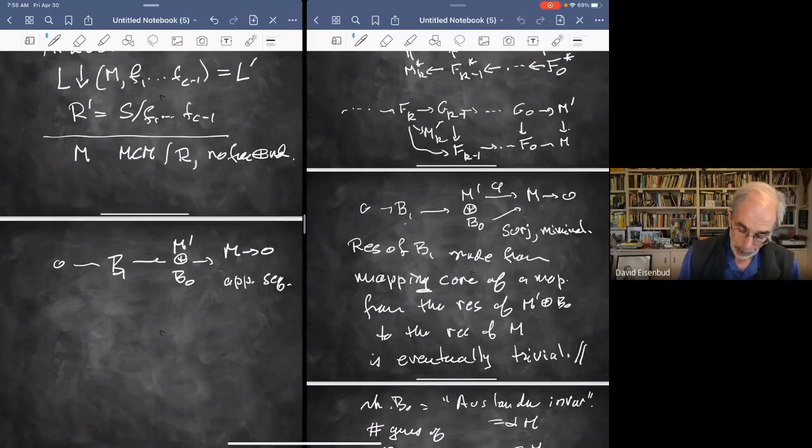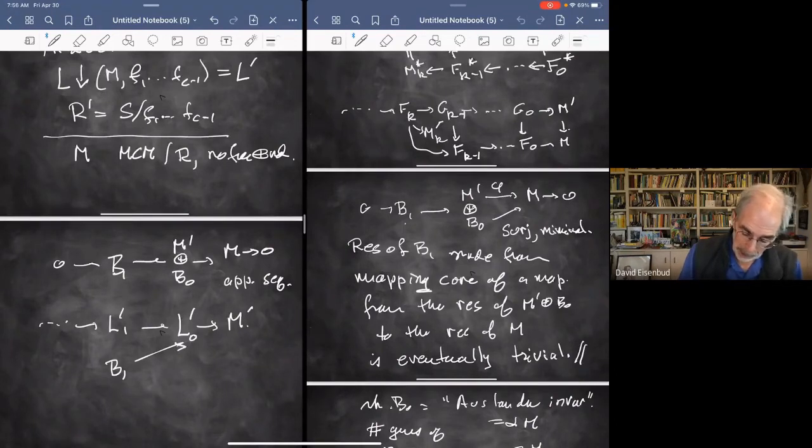And now I have the resolution L prime. That's a resolution of M prime. L prime 0, L prime 1, and so on. And once again, I can write B1 and a map to L prime 0. And now I don't have to take any tildes because this is all taking place over R prime.